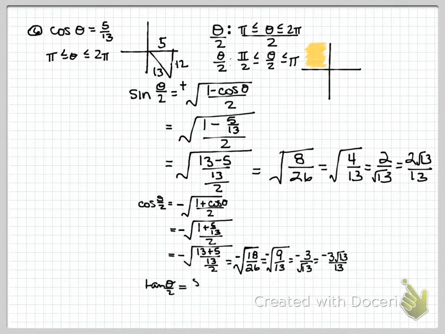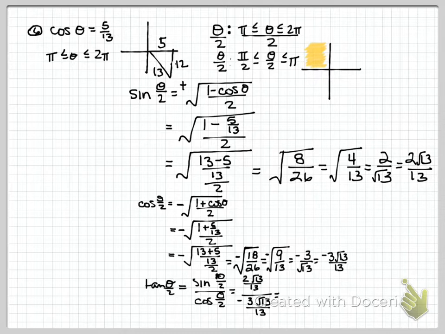So that's going to be the sine of theta over 2 and over the cosine of theta over 2. Well, the sine of theta over 2 was just 2 root 13 over 13. The cosine of theta over 2 was negative 3 root 13 over 13.